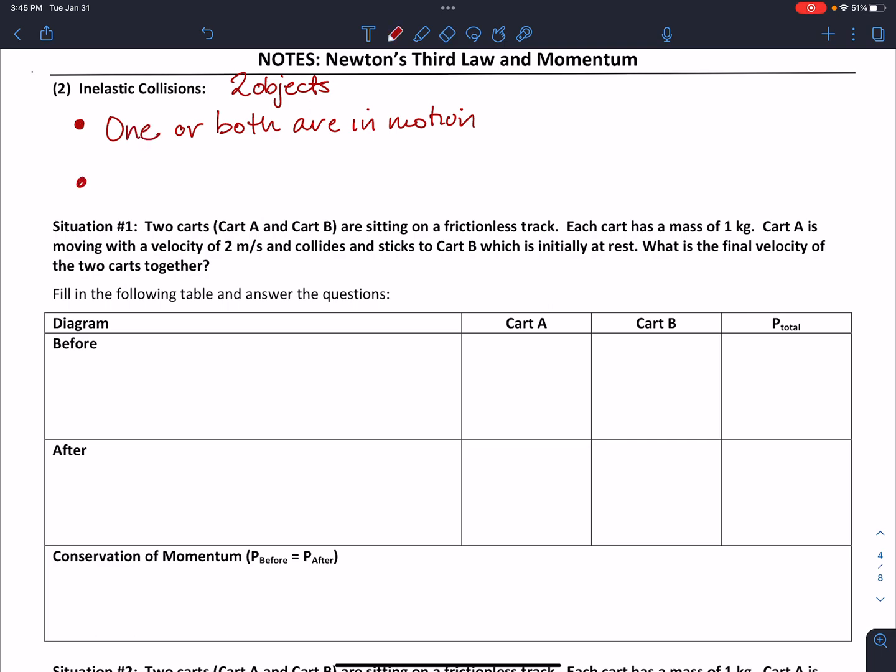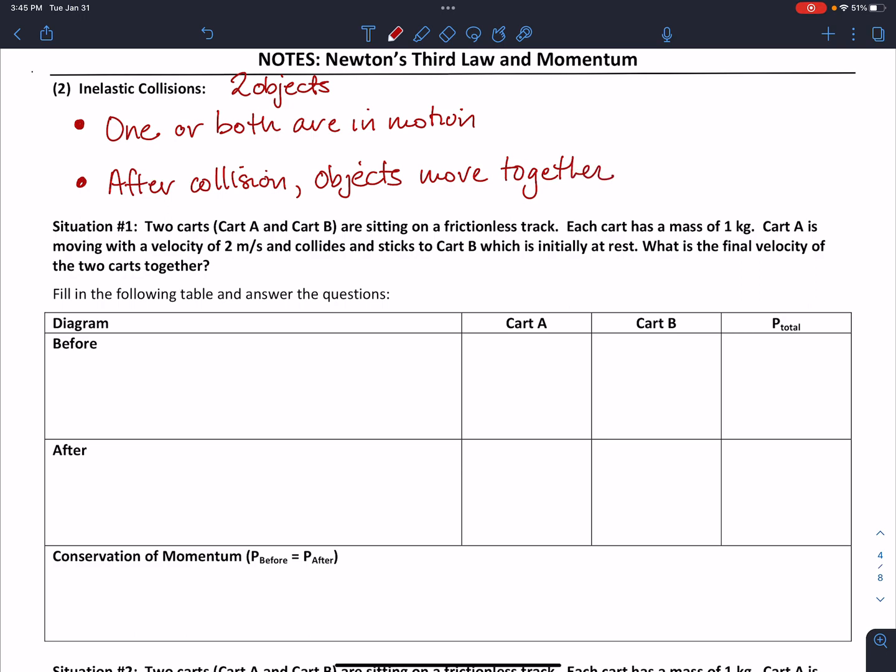The second clue that it is an inelastic collision is that after the collision, the objects move together. What does that mean? Think about a car accident.